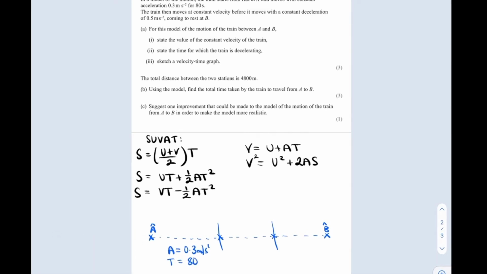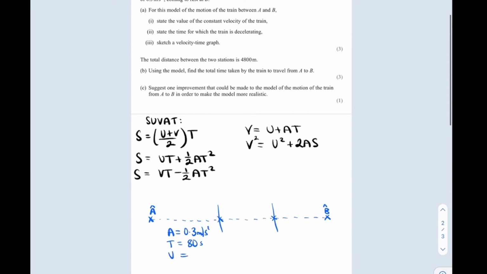And I was also told that the initial velocity is 0 because it starts at rest. That's my u. Better make sure that looks like a u and not a v.